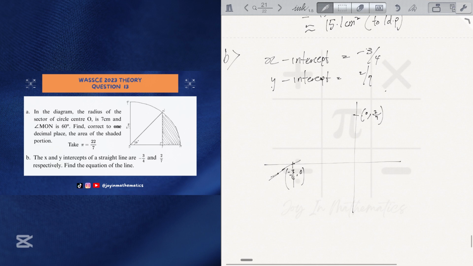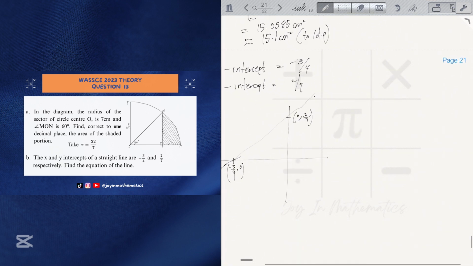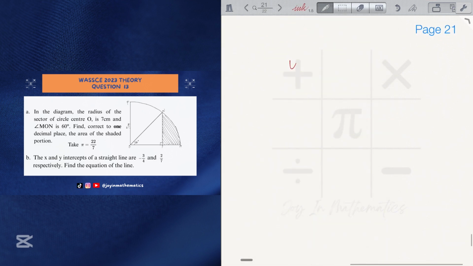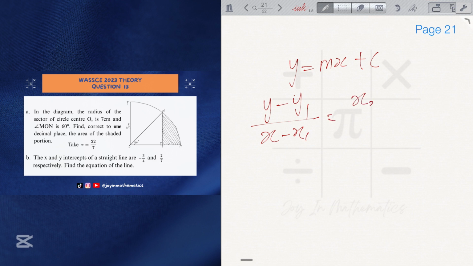So to get the equation of this line, we will use y is equals to mx plus c, which is the general format of equation of a line. If we are given 2 points, we will have y minus y1 divided by x minus x1 is equals to y2 minus y1 divided by x2 minus x1.